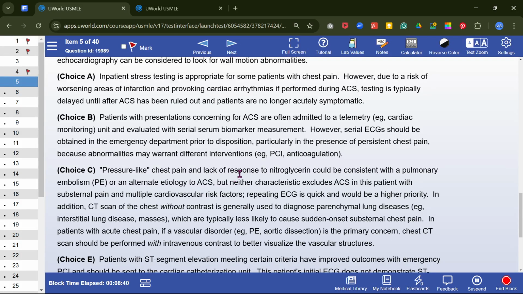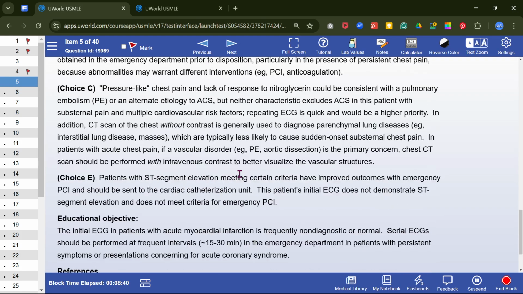Patients with presentation concerning for ACS are often admitted to telemetry, like a cardiac monitoring unit, and evaluated with serial biomarker measurement. However, serial ECG should be obtained in the emergency department prior to disposition, particularly in the presence of persistent chest pain, because abnormality may warrant different intervention, PCI, anticoagulation.